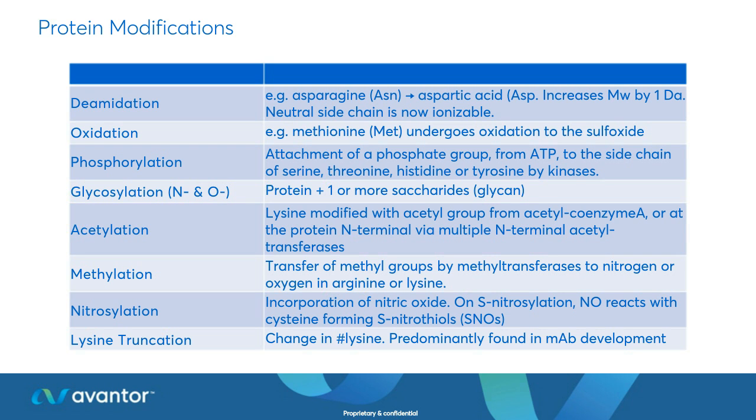So some of these modifications will change the charge on the protein. For example, the amidation. Here we've gone from an asparagine amino acid to an aspartic acid. So now I've got an ionizable side chain on one amino acid in my 100 amino acid length protein.